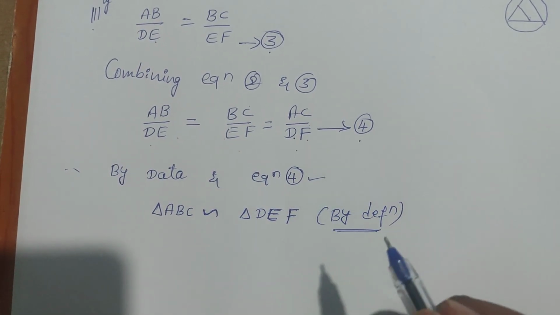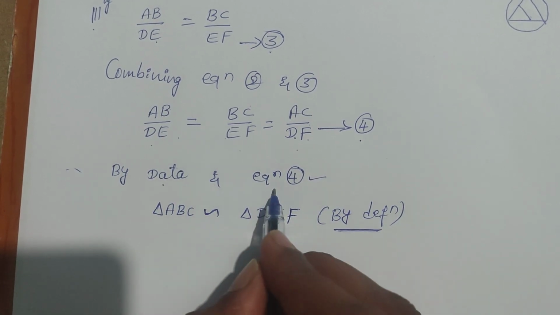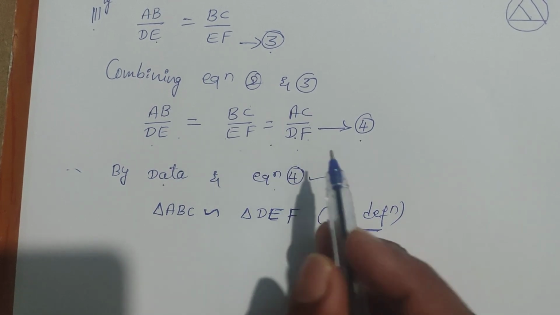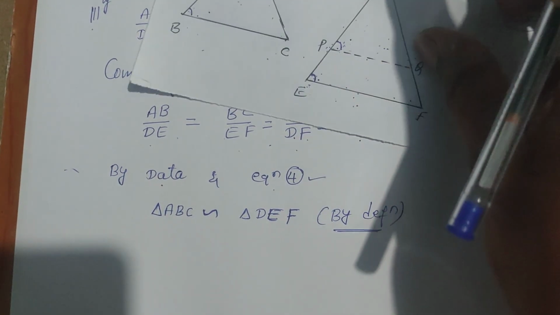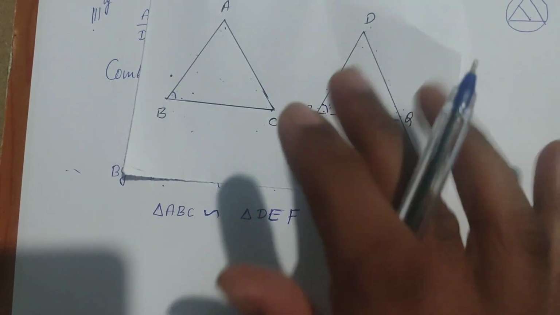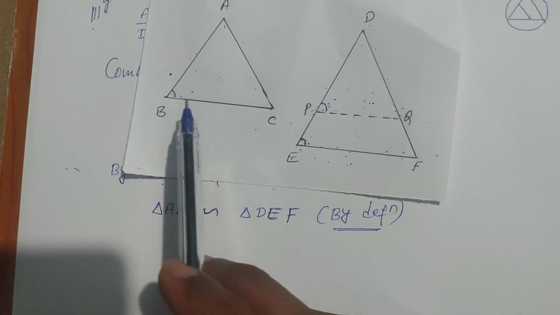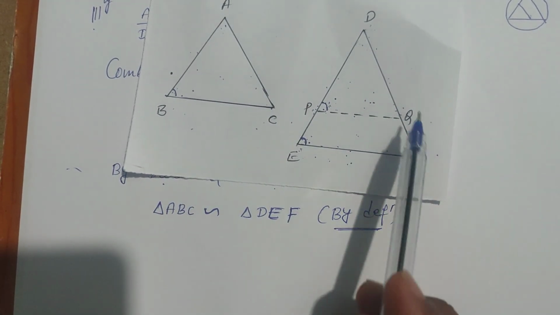By data, the corresponding angles are equal. This is the first one. Equation 4 tells that the corresponding sides are in the same ratio. These two triangles, triangle ABC and triangle DEF, are satisfying both the conditions. We can tell that triangle ABC is similar to triangle DEF.